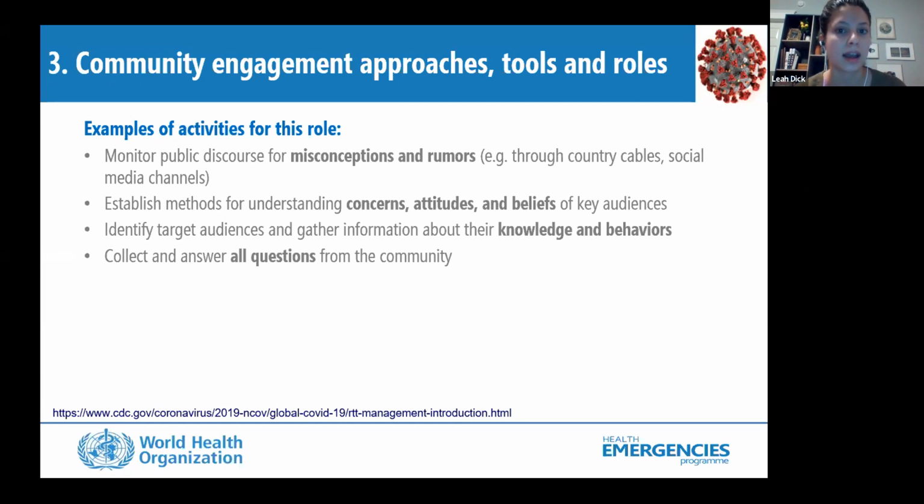That's listening. Establishing methods for understanding concerns, attitudes, and beliefs. That's also listening. Identifying target audiences and gathering information about their knowledge and beliefs. That's also listening. And then collecting and answering all questions from the community, which came up in an earlier slide as well. Next slide, please.